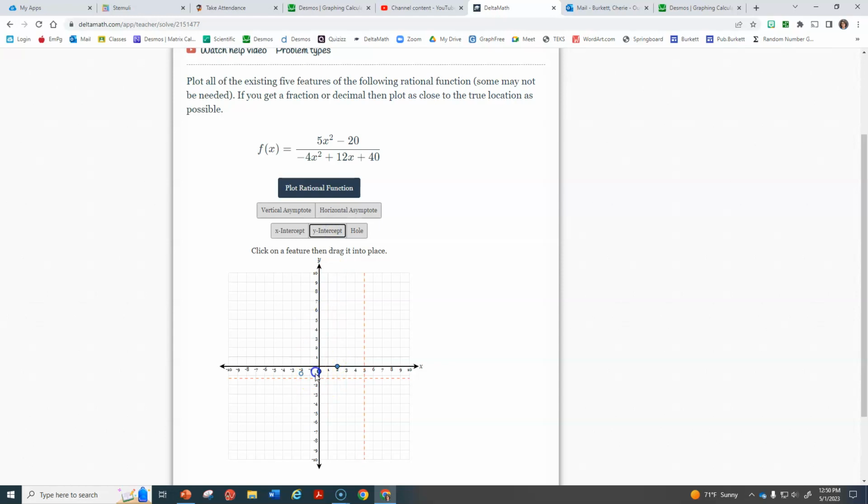You move it to where you think it is, and now you plot the rational function, and it should give you the curves, by making it pass through those points and making it hug the asymptotes. So that's how it knows where to go. All right, so that should get you through the problems where you have to graph.